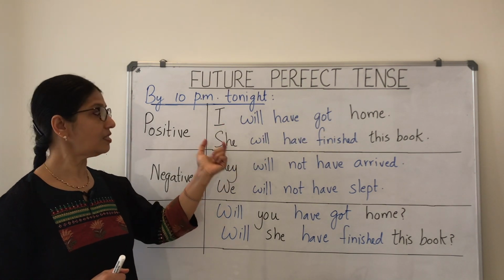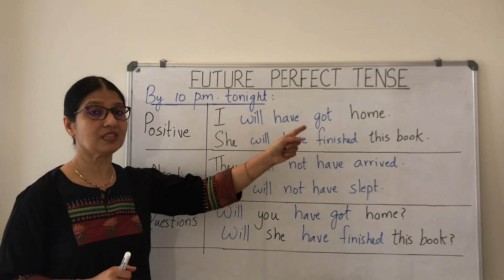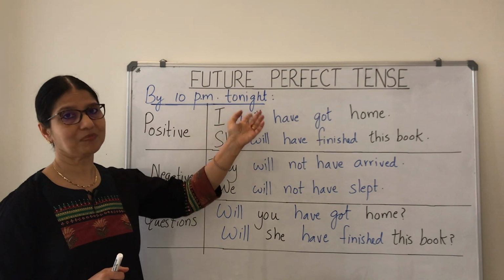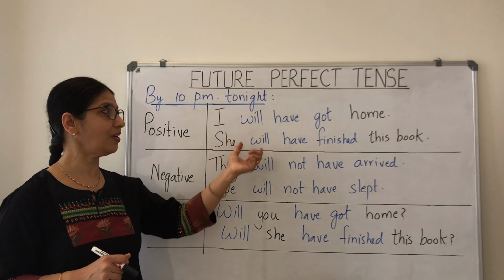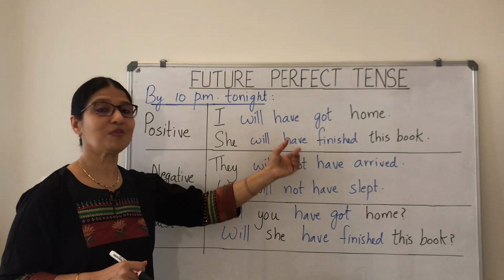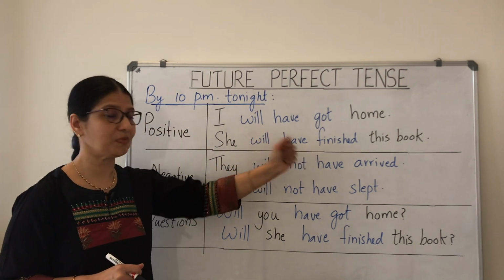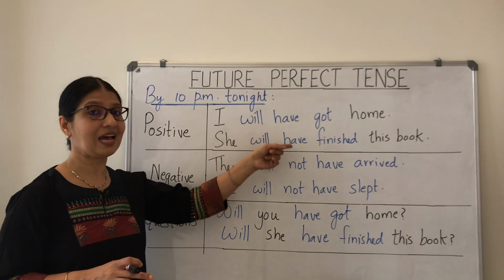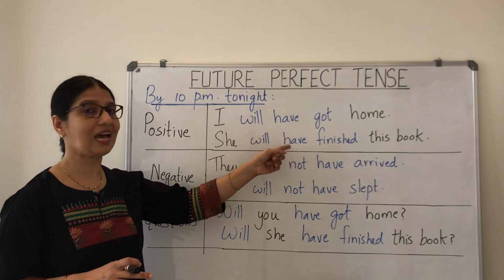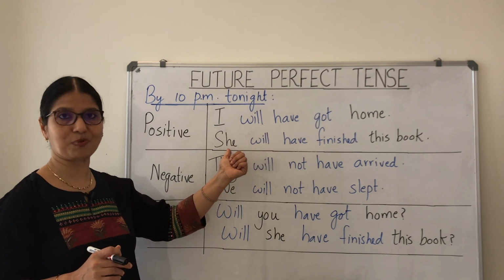The next one, she will have finished this book by 10 p.m. tonight. So here she is singular, but still I have will plus have plus the V3 of the verb finish. So though she is singular, I didn't use has here. It's still have that is used with a singular pronoun.